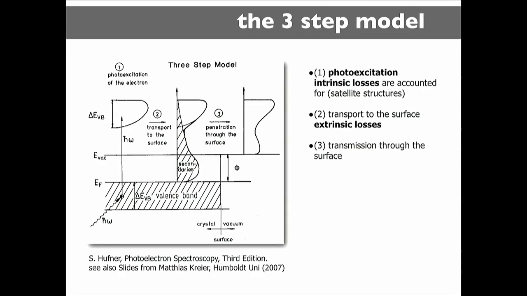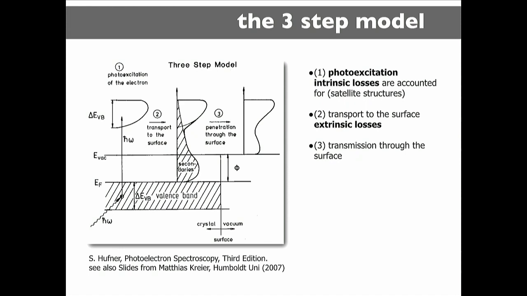And here is the physical interpretation of what happens in the process. This can be broken down into three pieces, and this is what is called the three-step model, probably the simplest approach to the problem. You first think of an excitation from, say, your valence band, where your electrons sit, to some available excited states in the system.